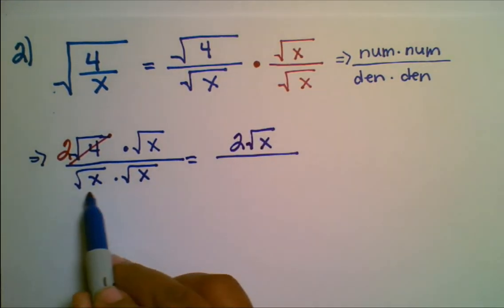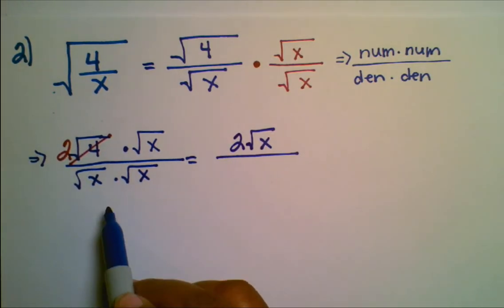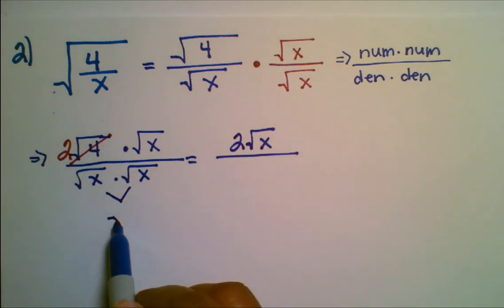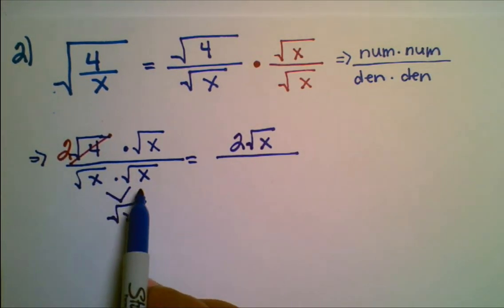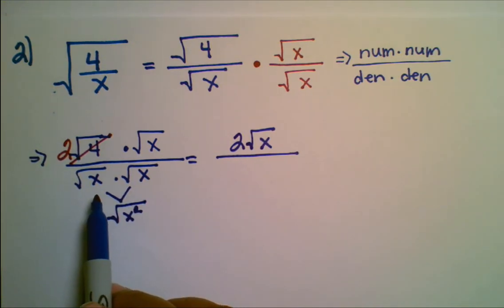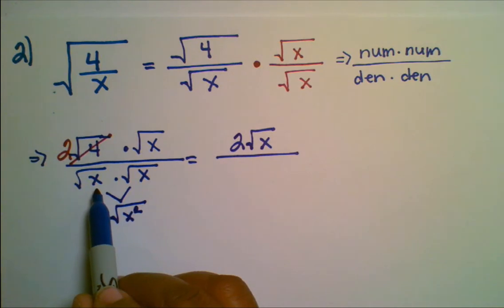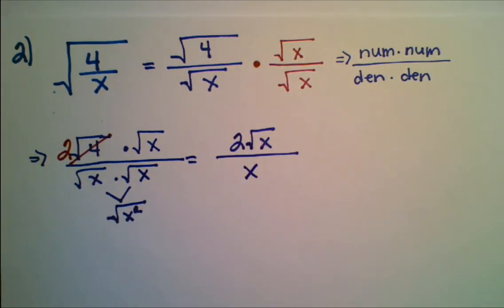Our denominator, we multiply this together, the square root of x times the square root of x, which is the square root of x squared. And remember, whenever we multiply two identical radicals, it's going to give us the radicand, meaning the x. So the square root of x squared would give us an x.